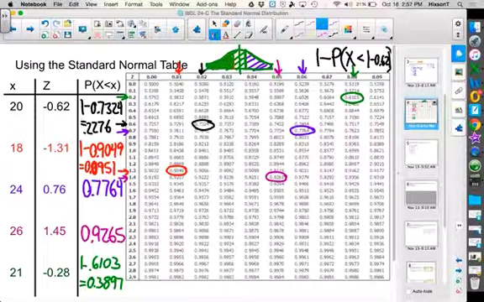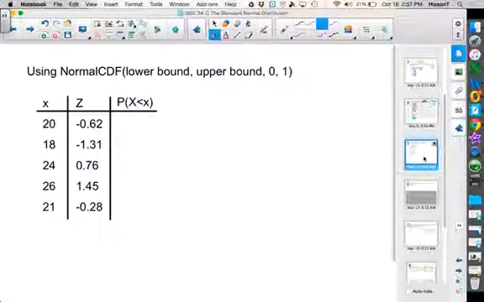For us, the nice thing is we can use our calculators. And this is a function that you've used before, but notice the difference here. Because we're dealing with a standard normal distribution, the mean will always be 0. The standard deviation is always 1.